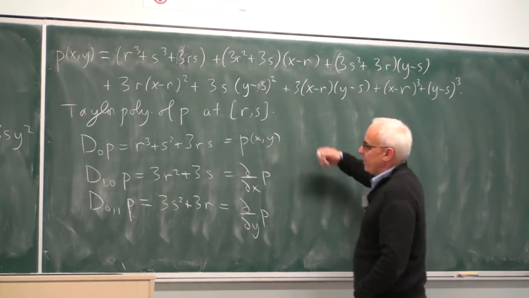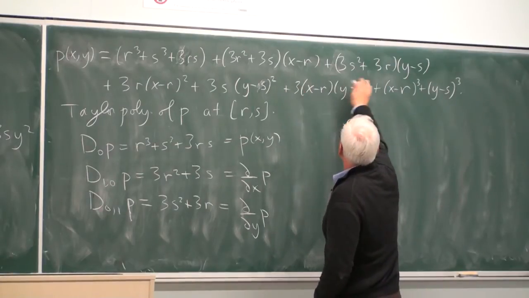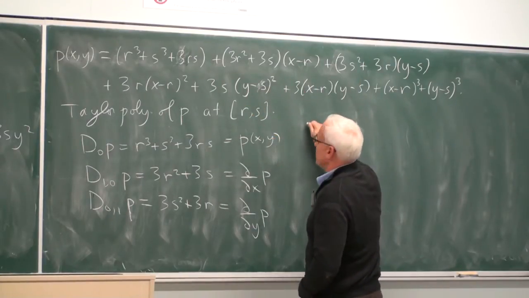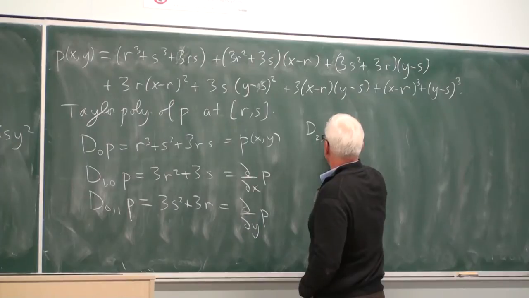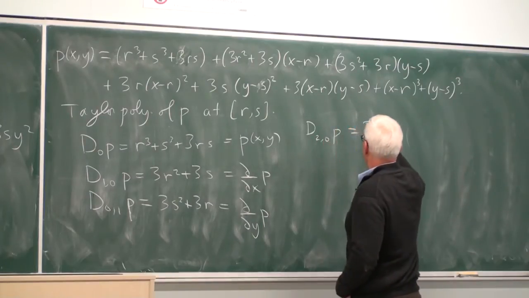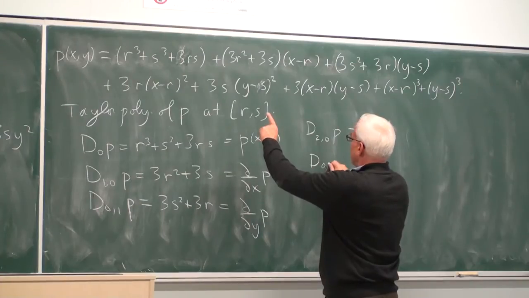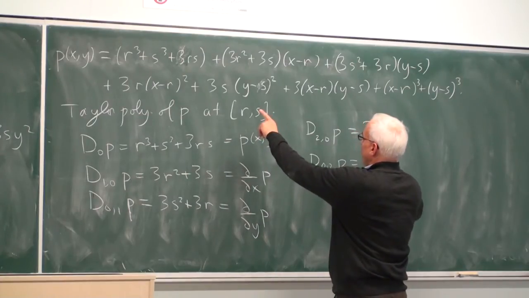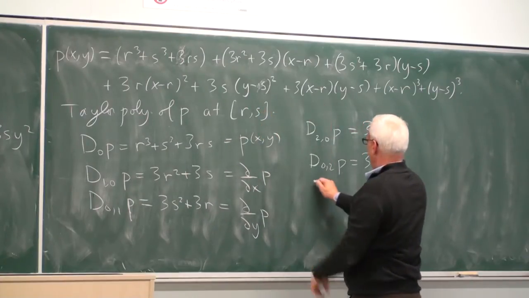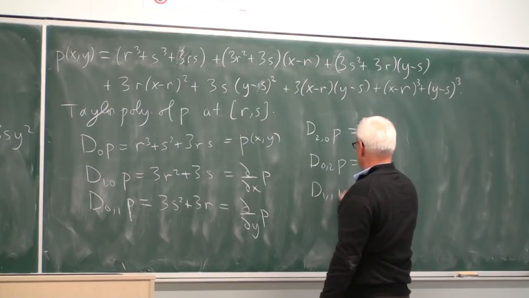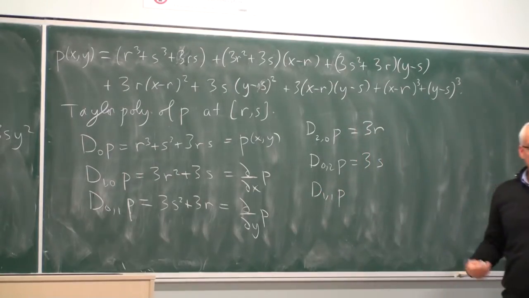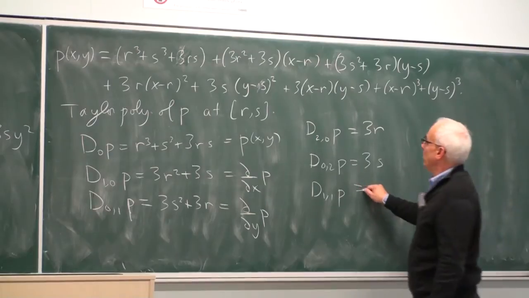And well, then we can sort of keep going. Next one will be the quadratic thing. So d2,0 of p would be 3r. d0,2 of p would be 3s. And then this thing here would be kind of a mixed partial. That would be 3.